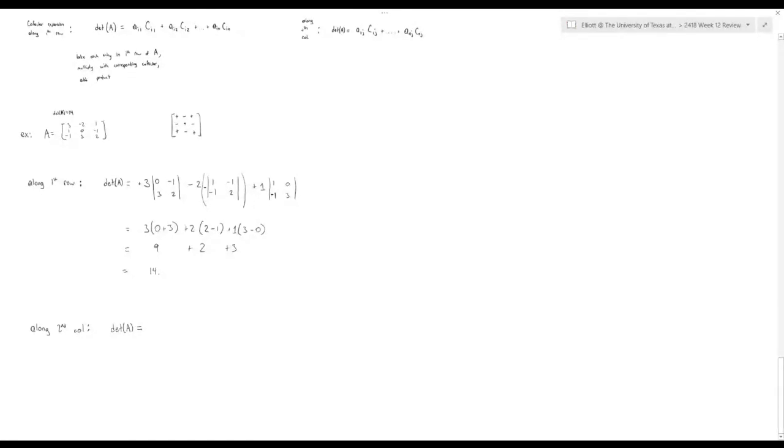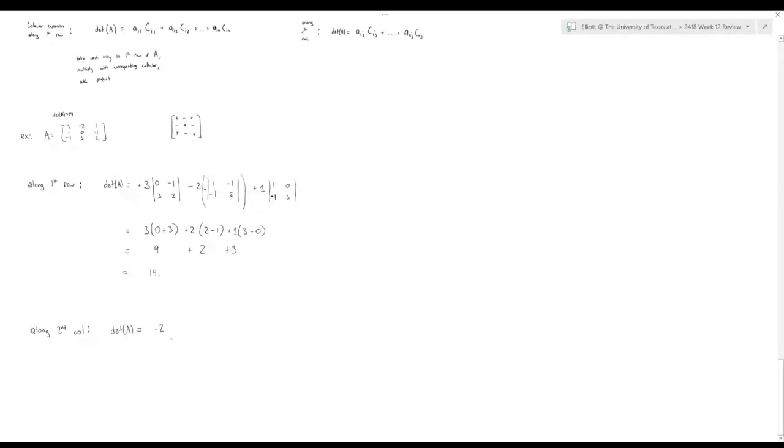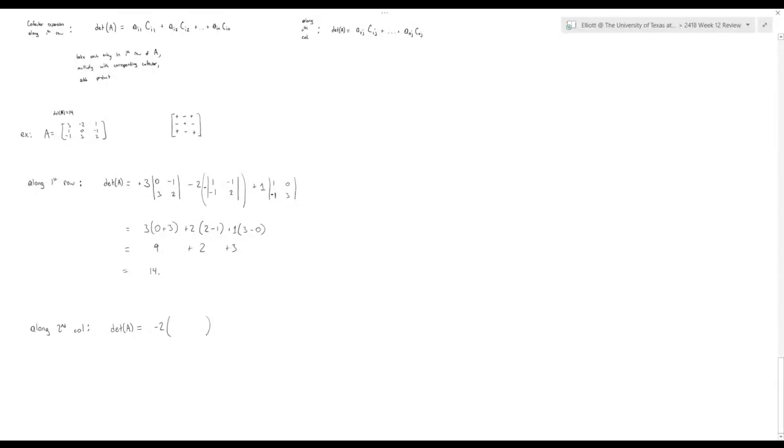Okay. So I'm going to start with the first entry in the second column then, which is the -2. I need to multiply by its cofactor next. So the cofactor will give us another minus sign. Okay. And then I'm just going to cross out the row and the column containing that -2. And then we have that 2 by 2 matrix there. Okay.